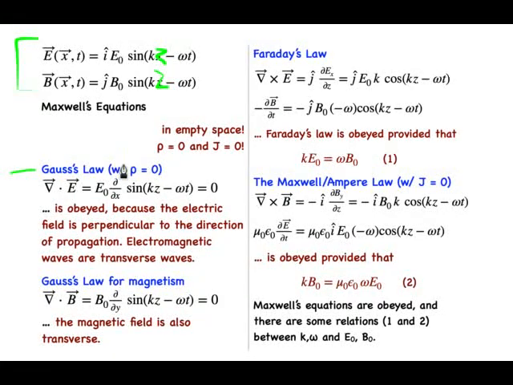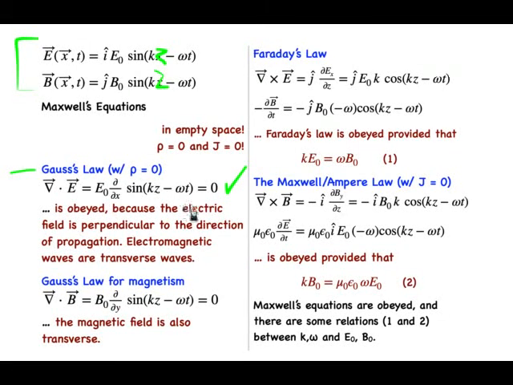Well, that'll be E0 times d/dx of sine kz minus omega t. Well, this doesn't depend on x. This is a partial derivative. It means differentiate with respect to x, holding y and z constant. Well, this is a constant as far as x is concerned, and the derivative of a constant is 0. So del dot E is 0. Gauss's law is satisfied. The divergence is 0.